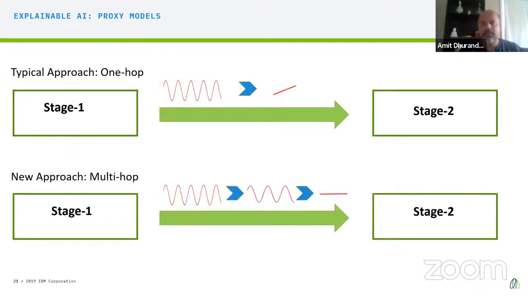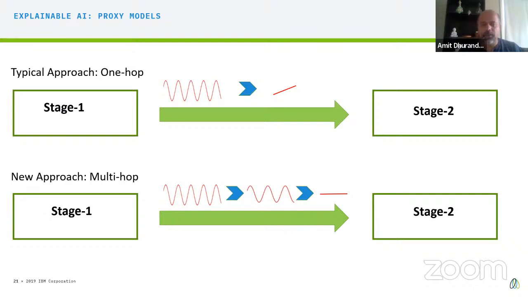But given this disentangled perspective, there's no reason that we have to do this in one stage at the same time. The typical approach, like I said, is where you just have stage one and stage two, and you try to learn some sparse model or something like that. But if you decouple these two aspects, there's no reason that you have to go from stage one to stage two in just one shot.